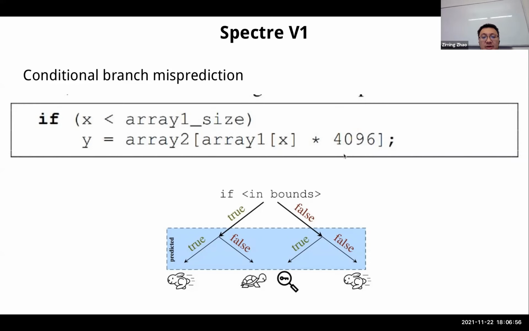This is related to cache. So look at this specific code. If x is smaller than this, then we are going to read some data from memory into y.